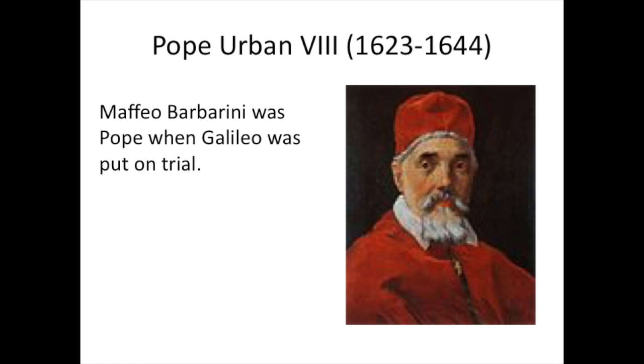But in any event, when he did publish that book, although he was fairly careful to make it seem like he wasn't coming out as an advocate for Copernicanism, instead he was writing a dialogue in which there was an advocate for Copernicanism, there was an advocate for the Aristotelian Ptolemaic system, and then there was a neutral audience member who was listening to the dialogue back and forth.